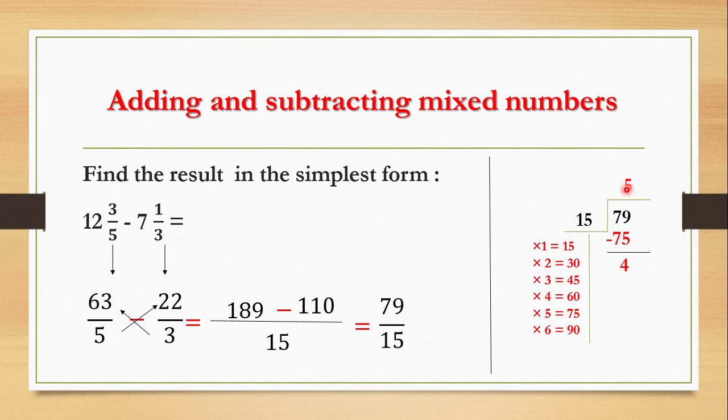The quotient 5 is the whole number, the remainder is the numerator, and the divisor is the denominator. So the same denominator 15, the whole number is the quotient 5, and the remainder goes up in the numerator.